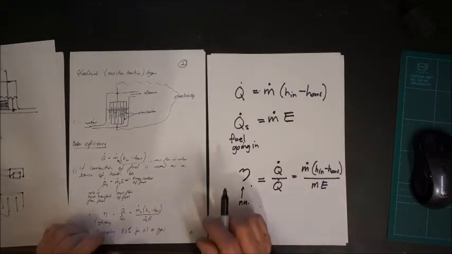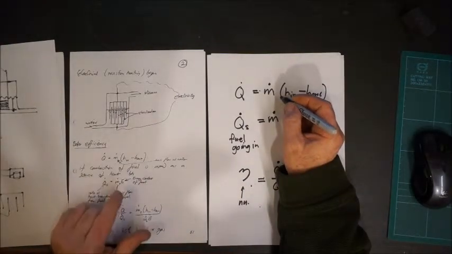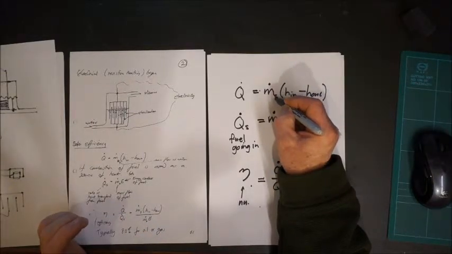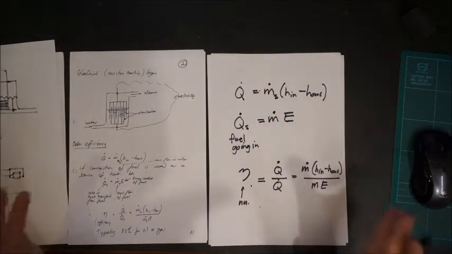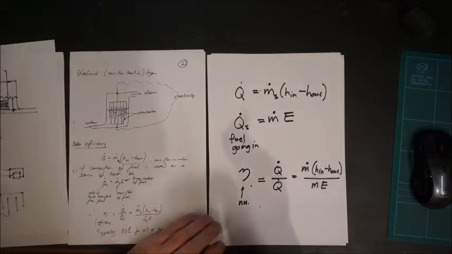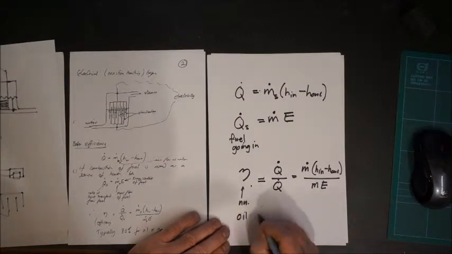Just looking at this to make sure we got this right. It's the mass of steam coming out. I didn't put the ms here. Now, for most fuels, they're not that flash. The typical efficiency for an oil burner is around about 80%.